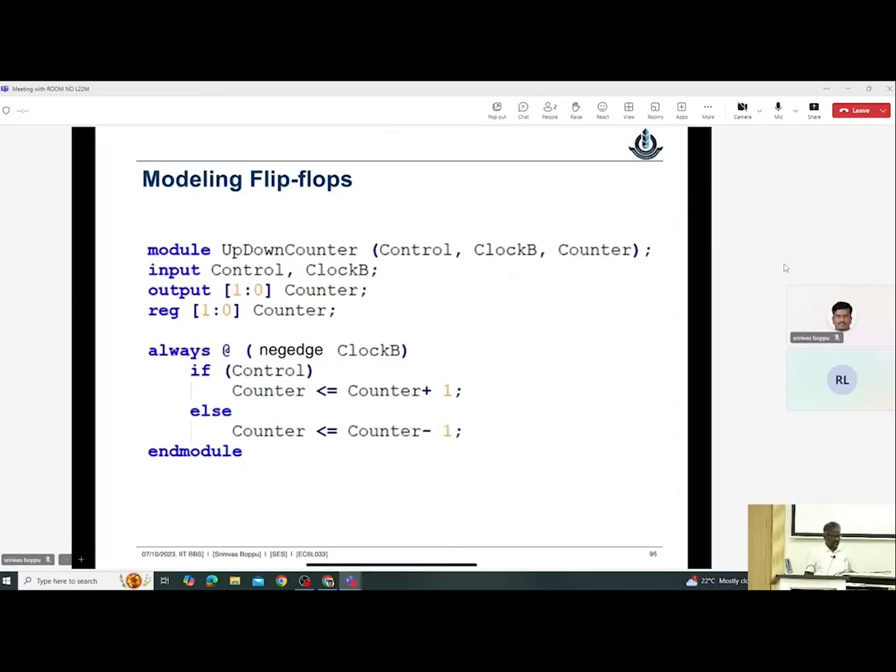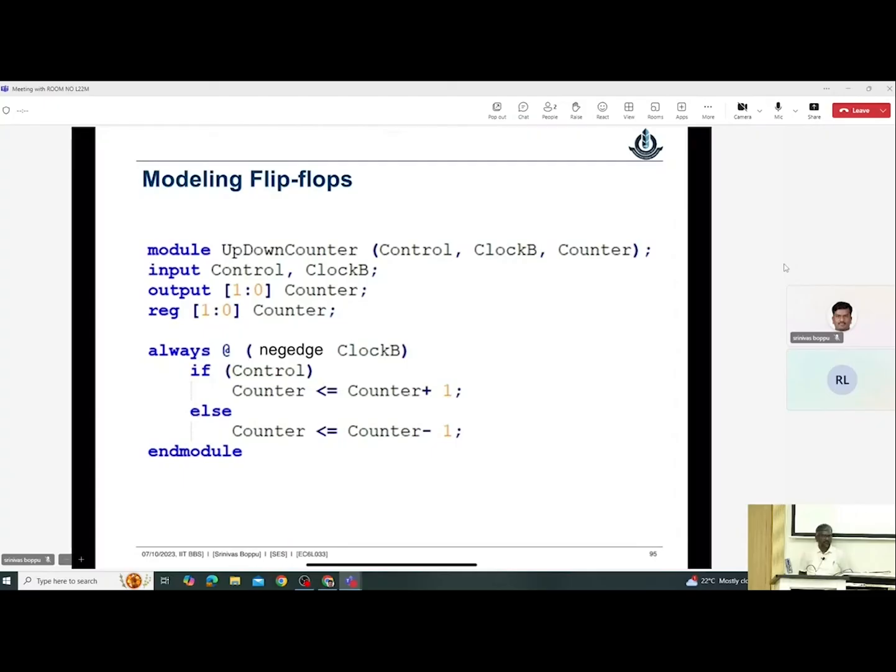Okay, good. Now, can we spend some time on this? Think about how you are really going to design it. This is an up down counter.